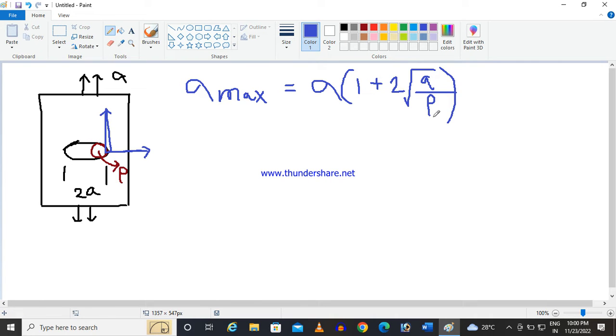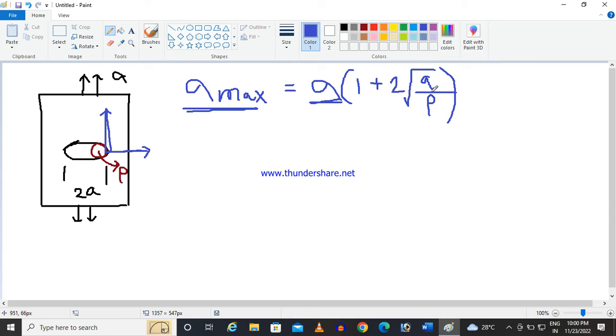Here it is very clear, if the tip radius is less, then the stress is maximum. That area's stress is maximum, meaning it is higher than the applied stress.